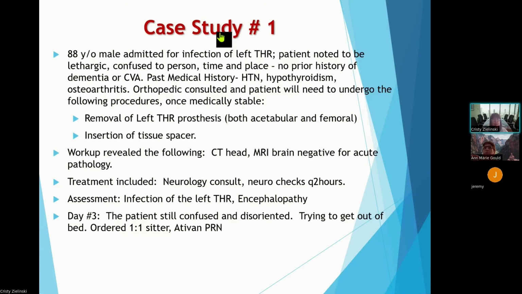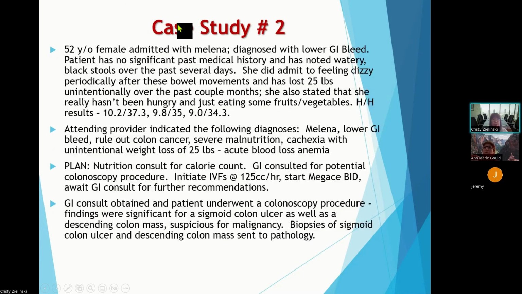Because it is documented the patient had infection of the total hip replacement. So that is given, and that's what they're going to do the surgery for. But it is the encephalopathy that they documented. First of all, we want to make sure that there is encephalopathy because the patient is still confused and disoriented, right?